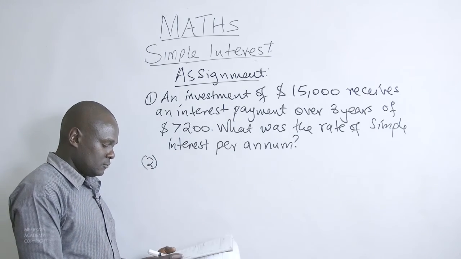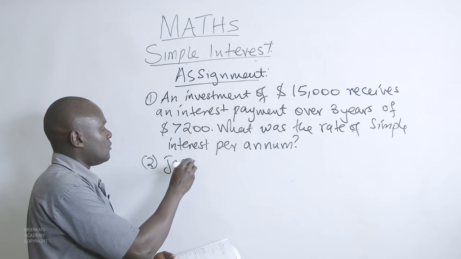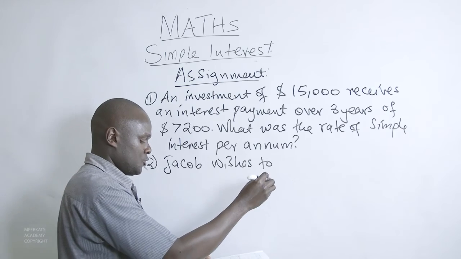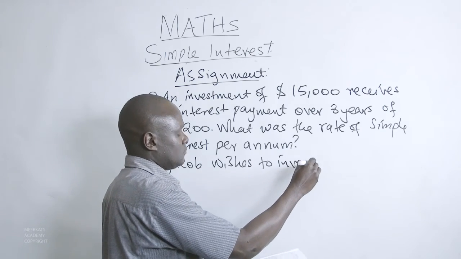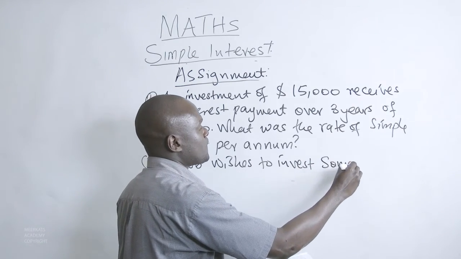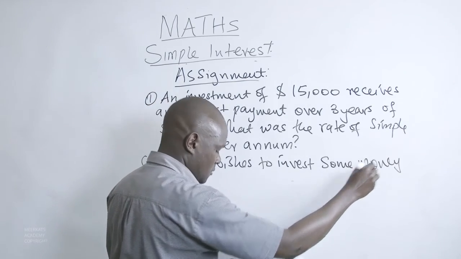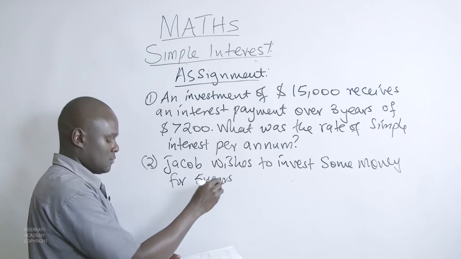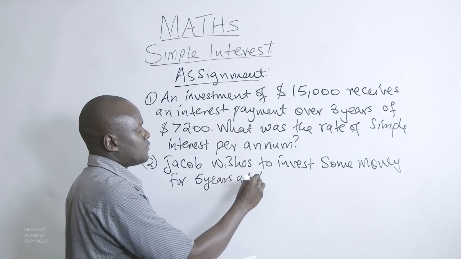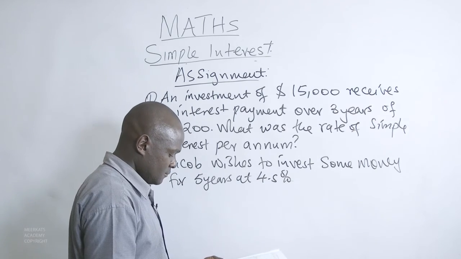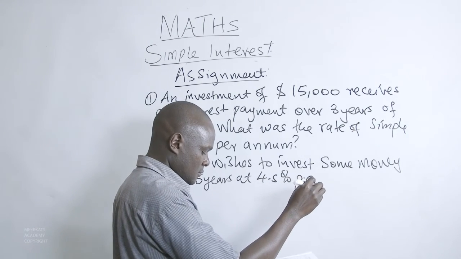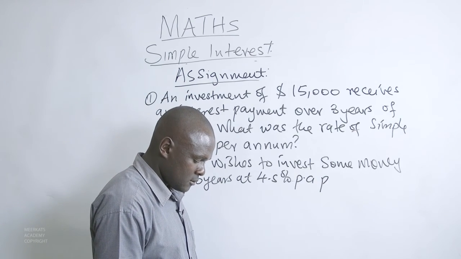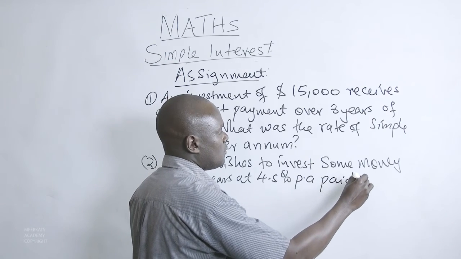The second question: Jacob wishes to invest some money for 5 years at a rate of 4.5% per year, paid yearly.